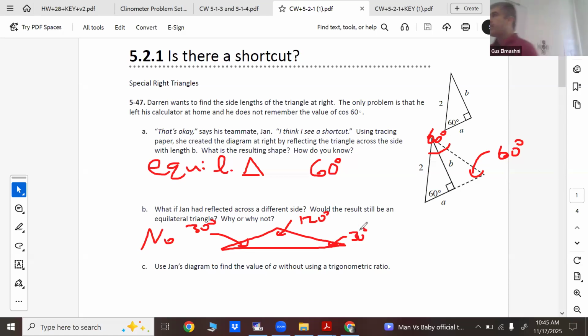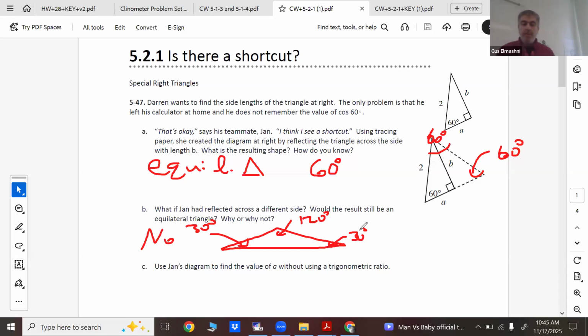When I say reflected, what if she reflected around the shorter leg instead of the longer leg? It would look like this. So it's better to reflect the bottom on the bigger leg, so you can make one thing.